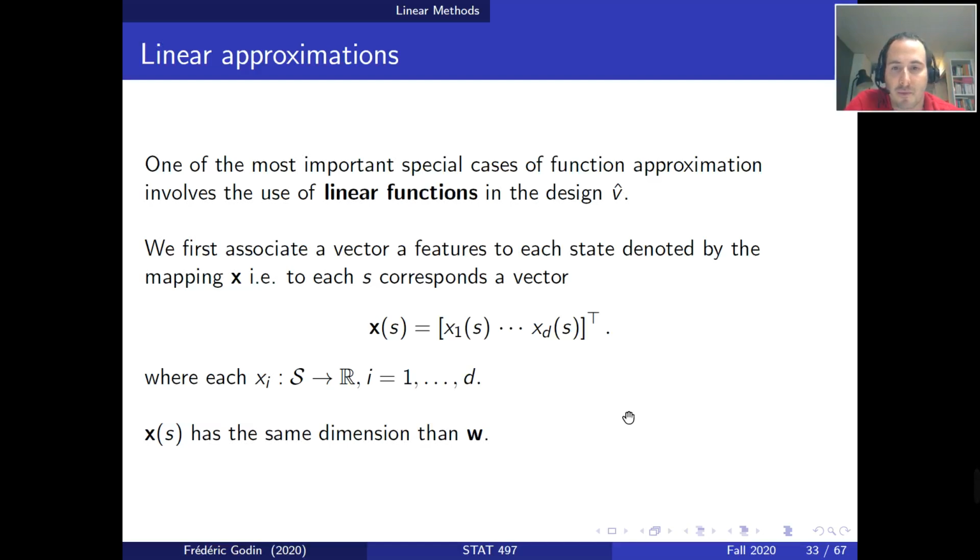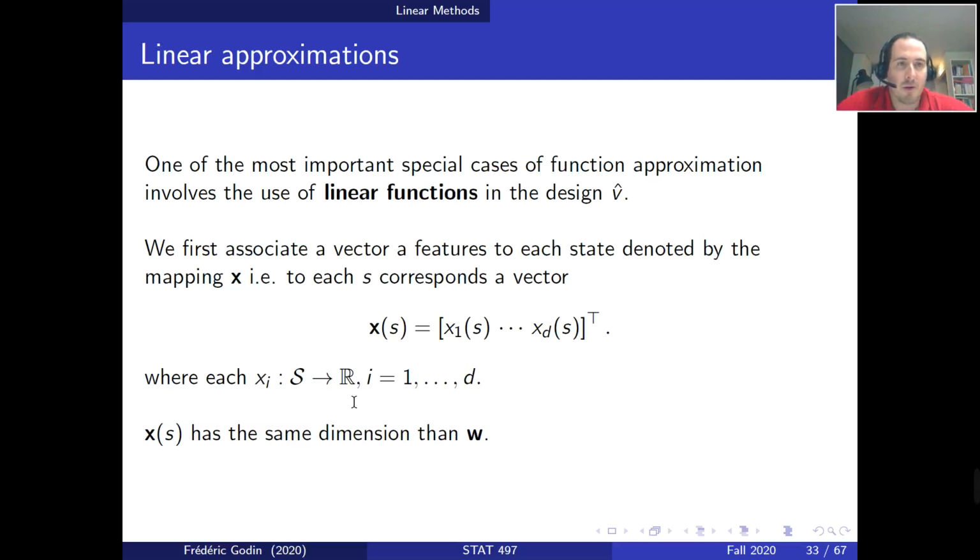First, for a given state, we have to determine a mapping X. The mapping X takes a state as an input and returns as an output x1(s) until xd(s), where each of these xj's represents a characteristic of the state. So each xi is a mapping which takes the state and returns a real number which is associated with some characteristic of that state.